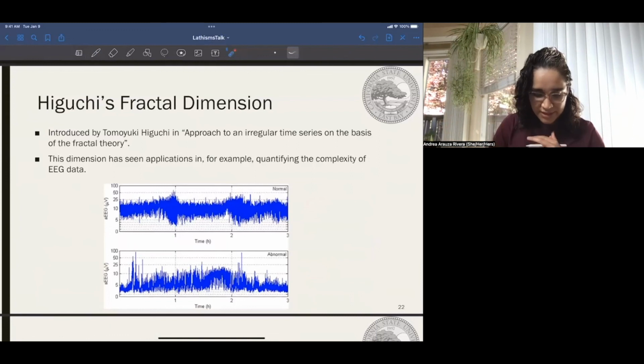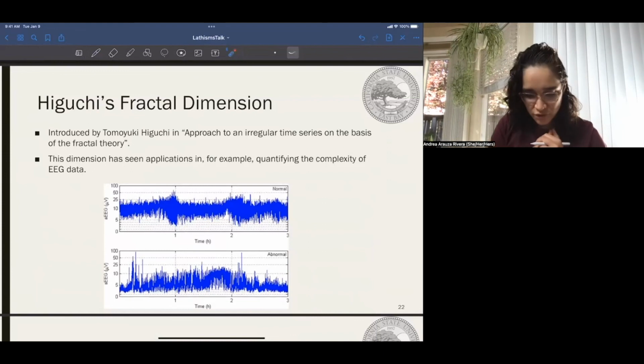So one thing one can do is think about how I would give this some sort of fractal dimension. It seems to have some fractal properties because of the repetition in the way the pattern looks. So Higuchi introduced Higuchi's fractal dimension to quantify the complexity within this data.